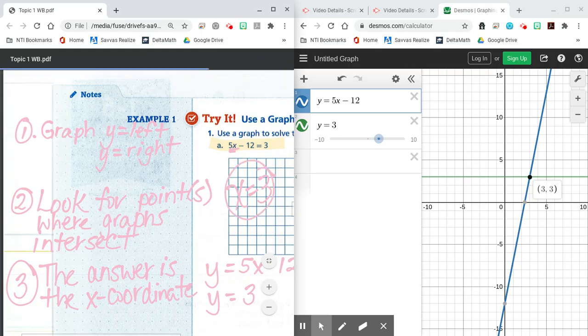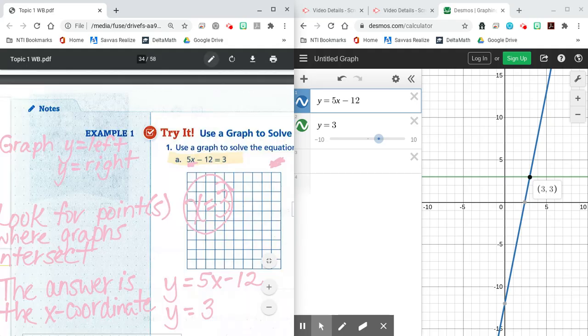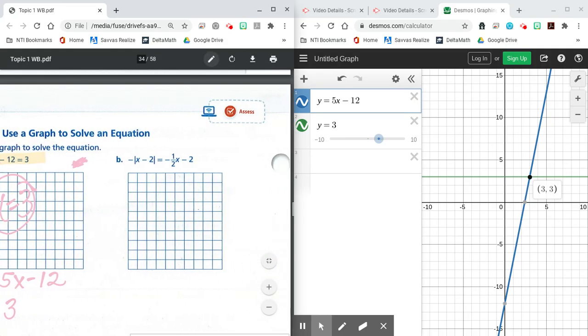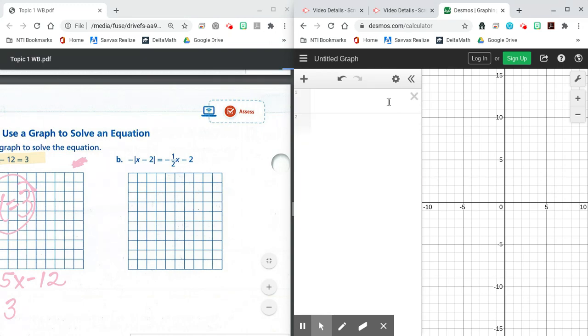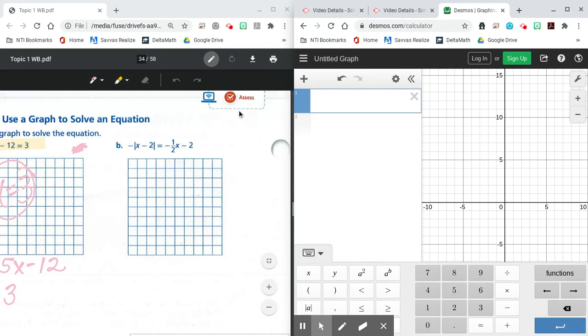Now, let's look at the second example, and I'm just going to go straight to the graph here. So I'm going to graph the left side and the right side on Desmos. I'm going to graph y equals negative absolute value of x minus 2.